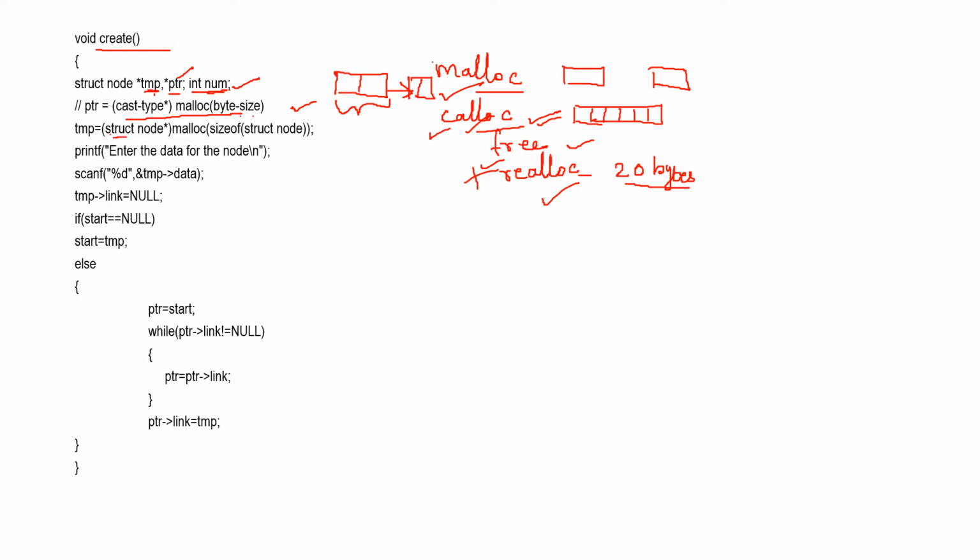I refer to it as struct node because I'm going to allocate memory of the type node only. That's why I am writing struct node, malloc, sizeof. I should mention the byte size, as in how much memory has to be allocated, so I am going to write sizeof struct node.